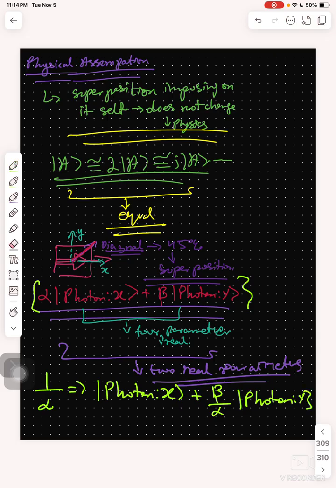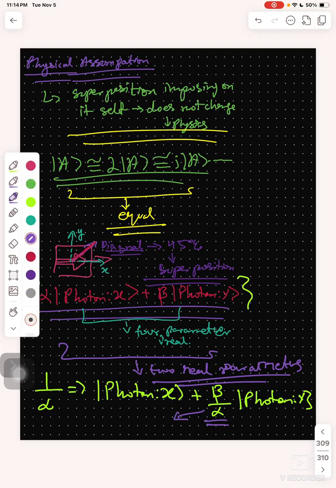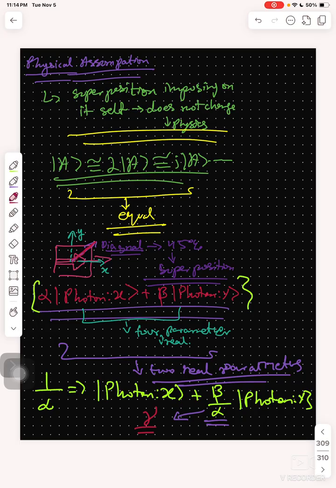Beta over alpha is one single parameter, and this gives us two real parameters.